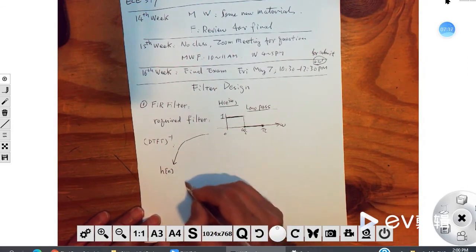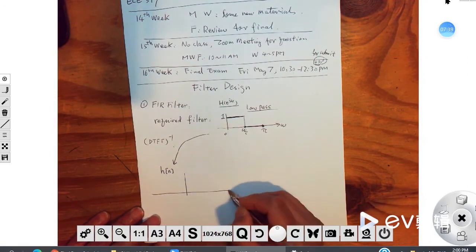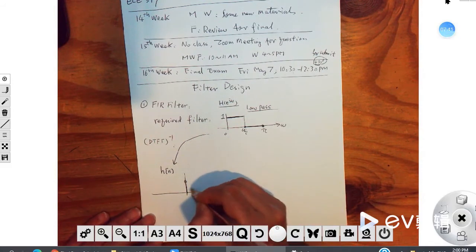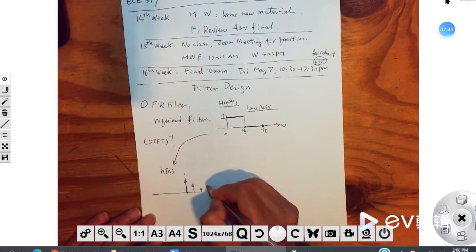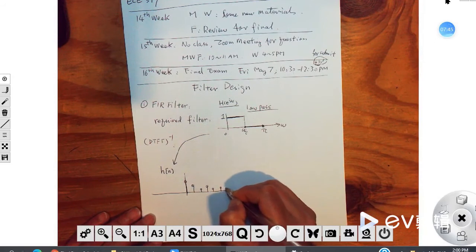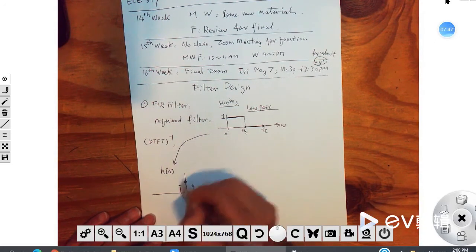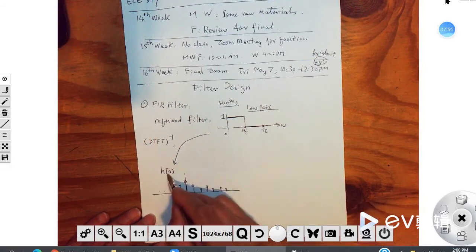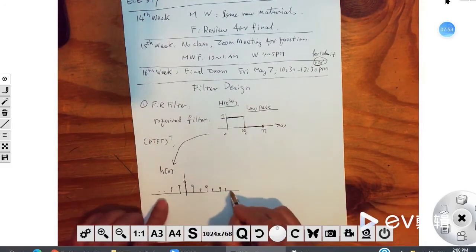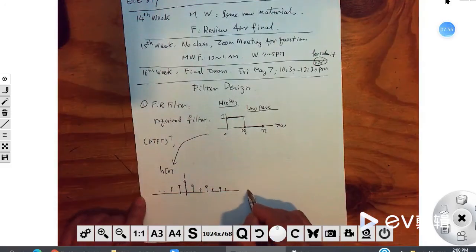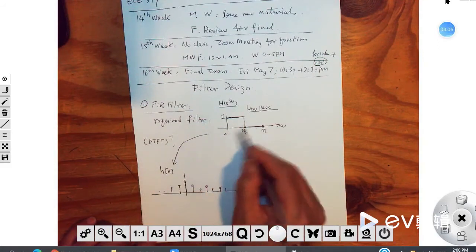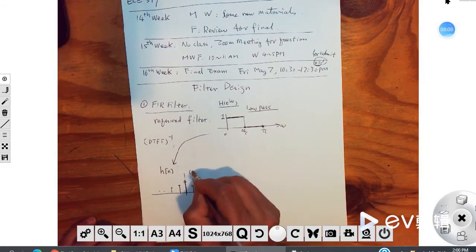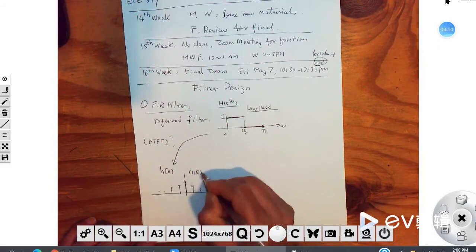Usually you will have infinite values, which means this will be an IIR filter. This is the required one.